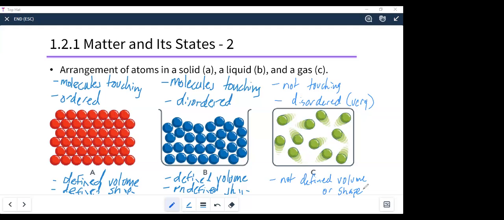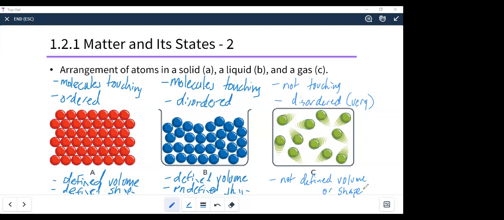So what does this mean? Well, a solid is going to be very, very defined in terms of its volume and shape. If you have a very set volume, you can measure the volume of the liquid pretty easily.